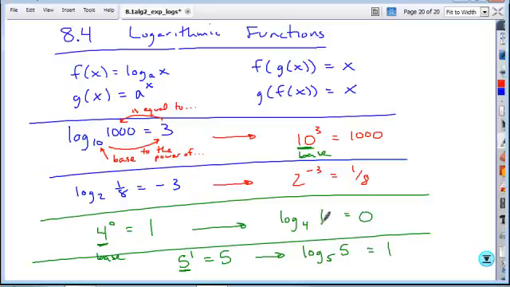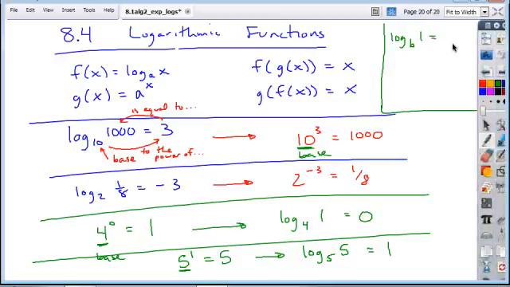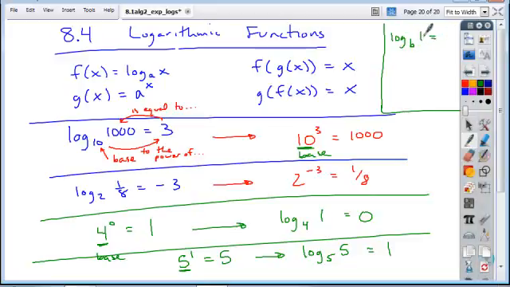These last two examples show a specific set of properties that are true for logs and exponents. The first one is anytime you take the log base b of 1, that's always going to be equal to what? If you think about the exponential form of this, b to what power is always equal to 1? 0. So this is a generalized form: log base b of 1 is equal to 0 always.